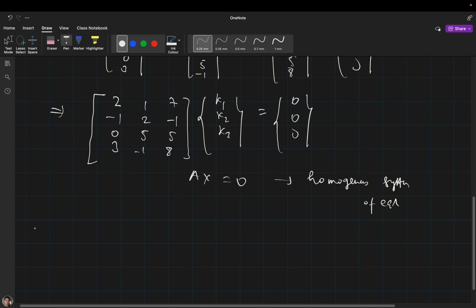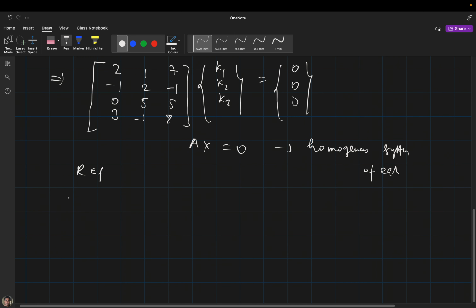Yeah, fine, sir. So first I will convert it into reduced row echelon form. Okay, so let's do that. So the first row is 2 1 7, and I will use row reduction. I will multiply this row by 2 times and subtract this, so we will get 0 5 5.